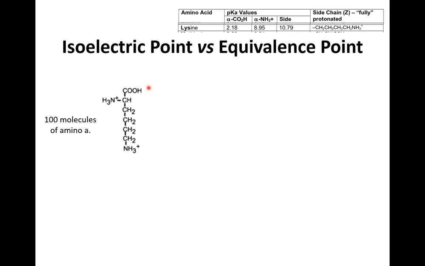Now, let's assume for this example you're starting with 100 molecules of amino acid. That's a ridiculous example, but just to give you numbers. Imagine you have 100 of this molecule in the solution. Practically speaking, that means you would also have 100 of this alpha carboxy group, 100 of these alpha amino groups, and 100 of these R amino groups, so the amino group in the R chain of lysine.